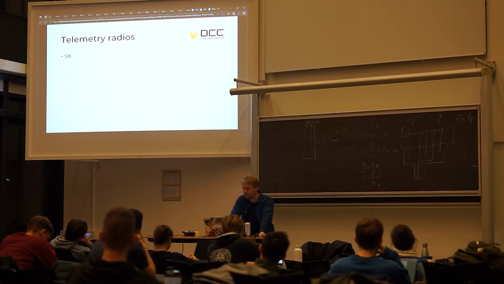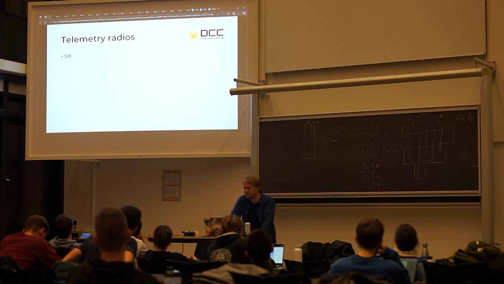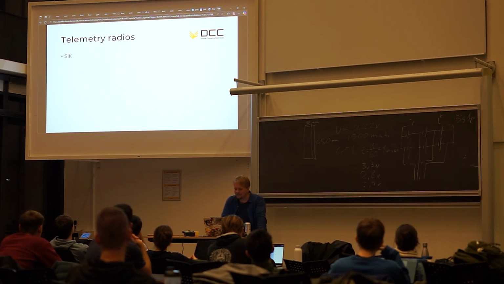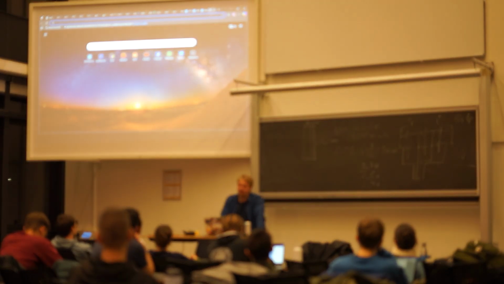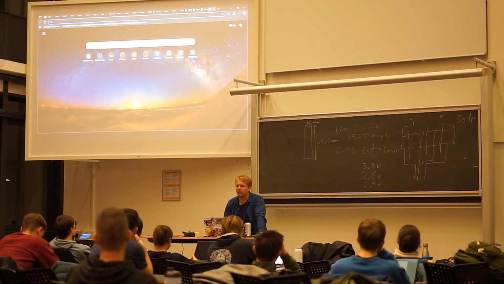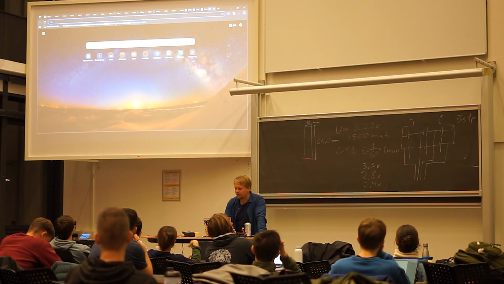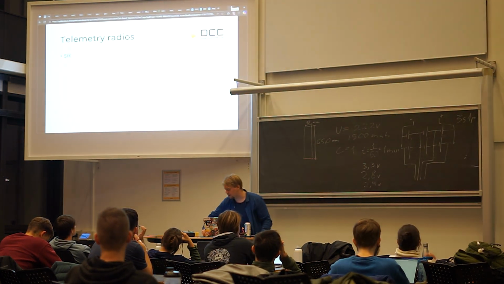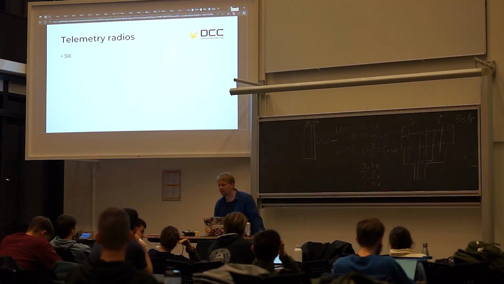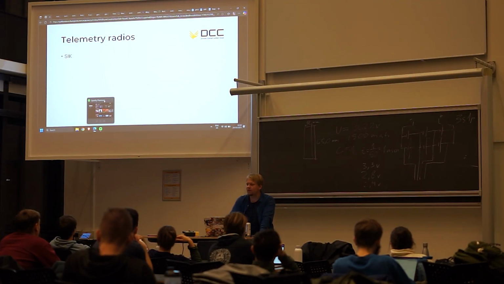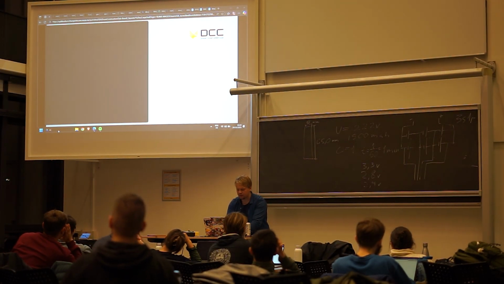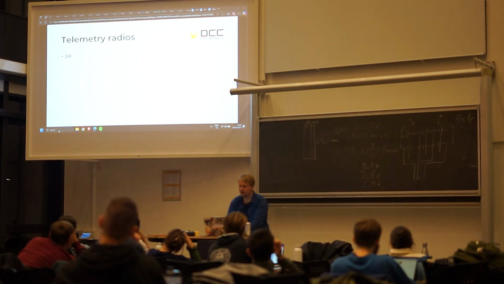And now telemetry radios. Telemetry radios are super plug and play. Those are just radios that plug into your computer and allow you to do what you usually do with the USB cable and connect, let's say, to a ground station, to Mission Planner.